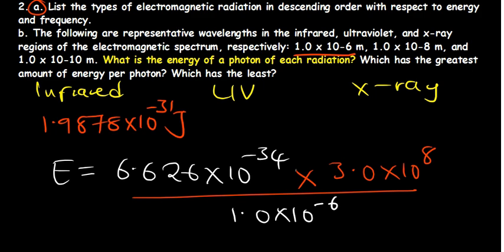Now for the next one: 6.626 times 10 to the power negative 34 multiplied by 3 times 10 to the power 8 divided by 1 times 10 to the power negative 8.